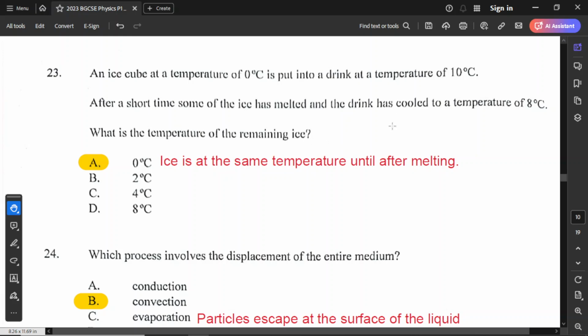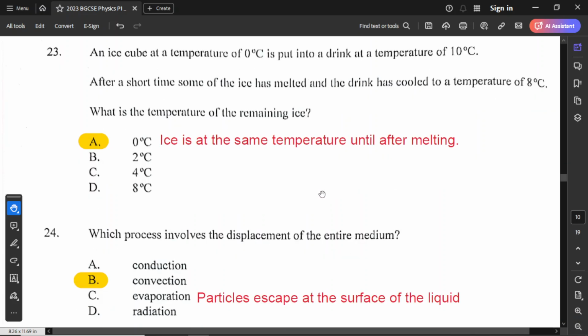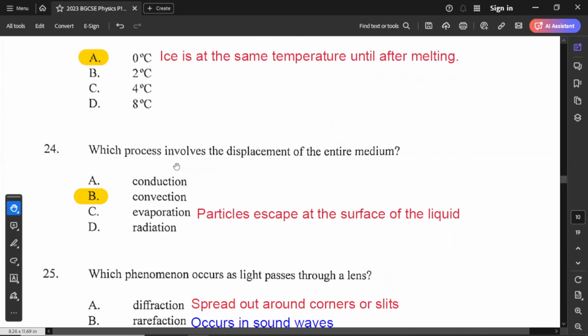Even though the drink changes to 8 degrees Celsius, which means the drink is cooling, the question asks about the remaining ice. The remaining ice has to be 0 degrees Celsius because it is still ice, and ice will remain at that temperature until after melting. As the ice melts, it stays at 0, but after a while, after melting, it starts to increase.